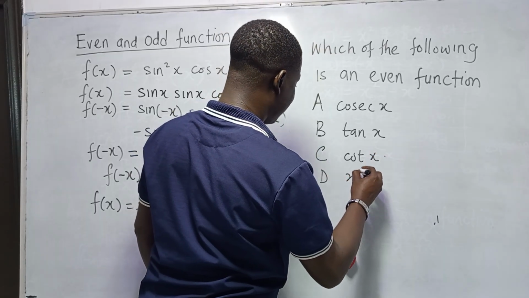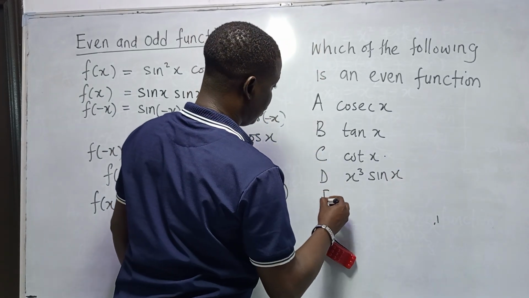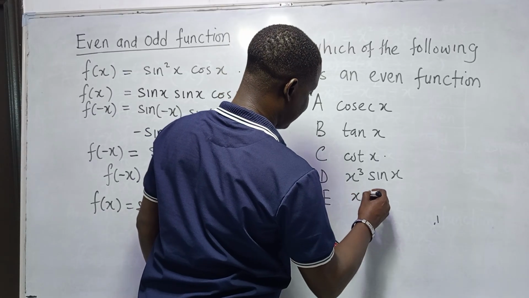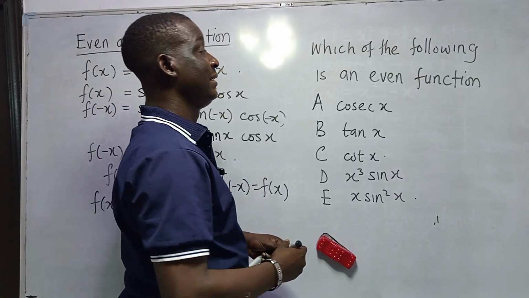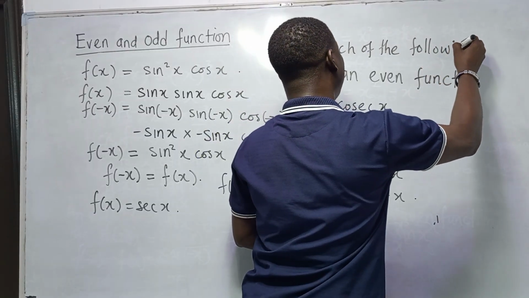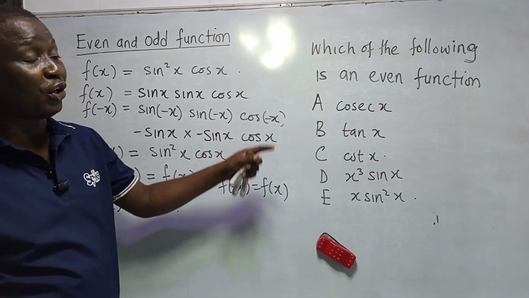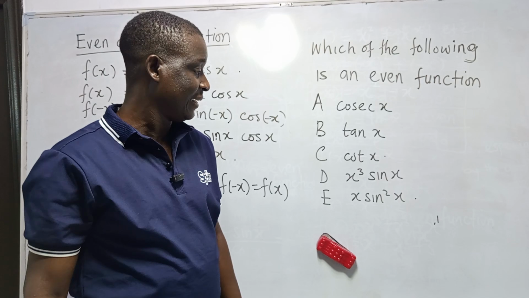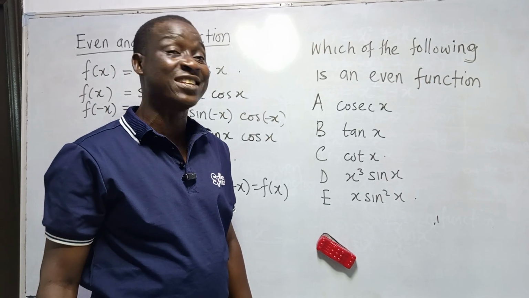D, x cubed sine x. And E, let's say, x sine squared x. Which of the following is an even function? Option A, cosec x. B, tan x. C, cot x. D, x cubed sine x. E, x sine squared x.